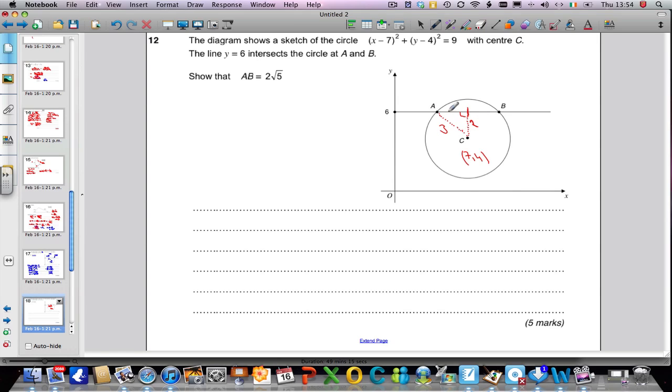So I now know 2 pieces of the puzzle. If I work this out and then double it, that tells me the whole distance. So using Pythagoras, that's the hypotenuse. Let's call it h. And this doesn't matter. We'll call it a or o, whatever you like, a for adjacent or o for opposite, because we don't have an angle of reference here.